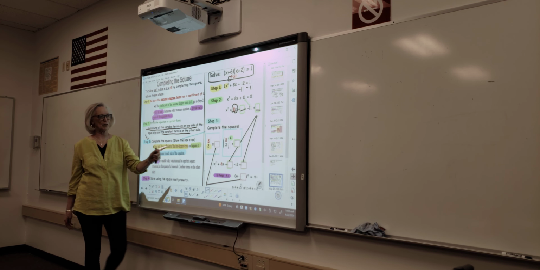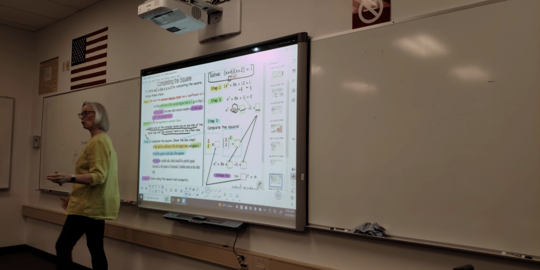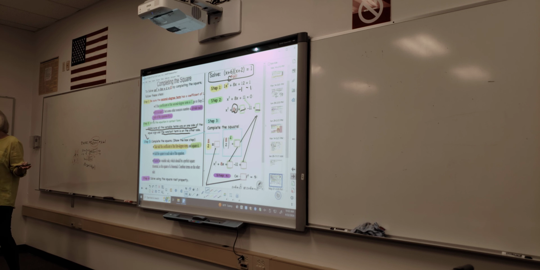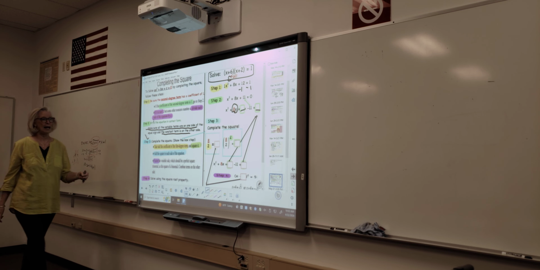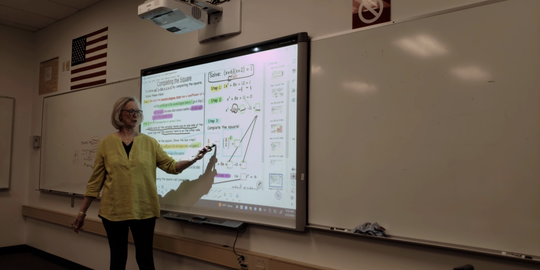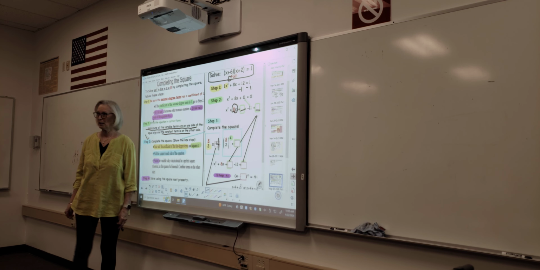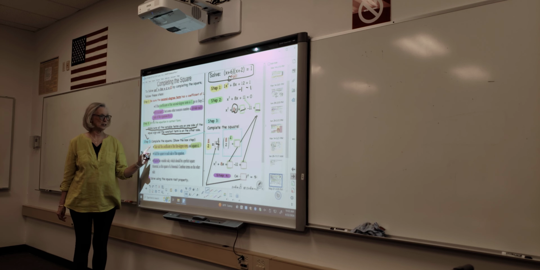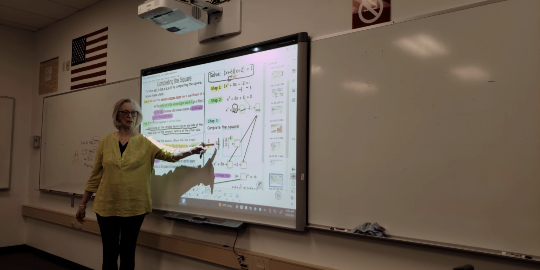So in step 3, I take half of 8, or you could divide by 2. If you just want to use your calculator, dividing by 2 is the same as multiplying by a half. I want you to get the number and put it right here. Was that hard? No. Now the second part is you want to square this number.